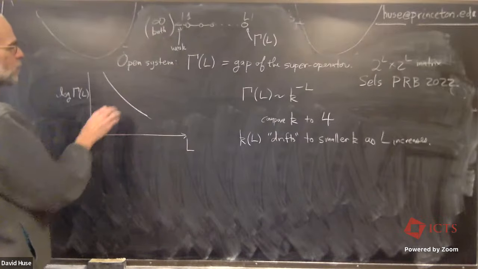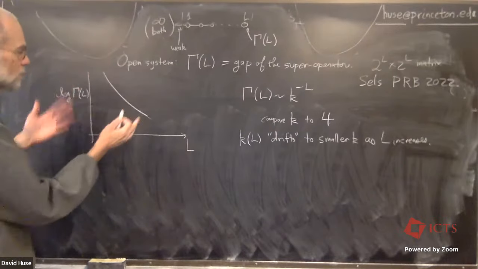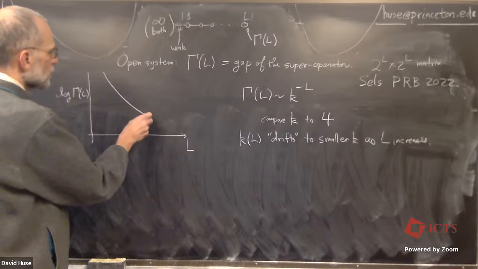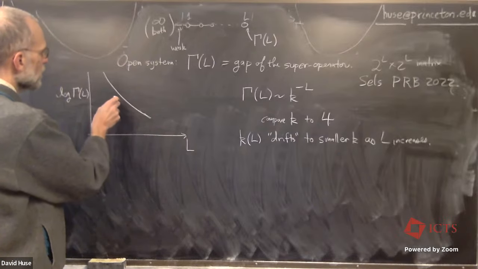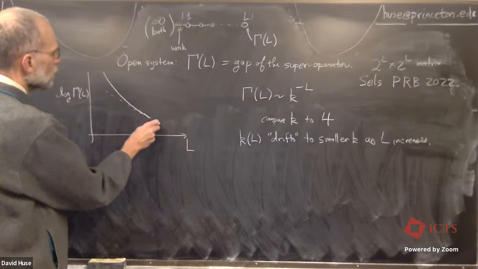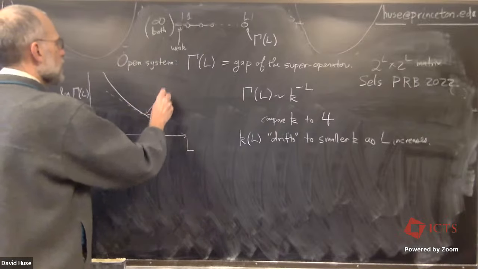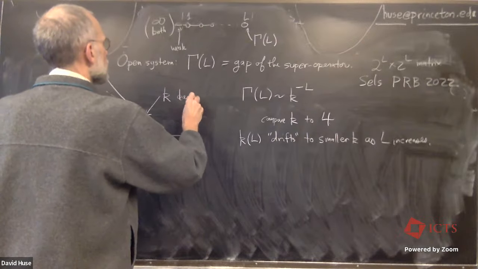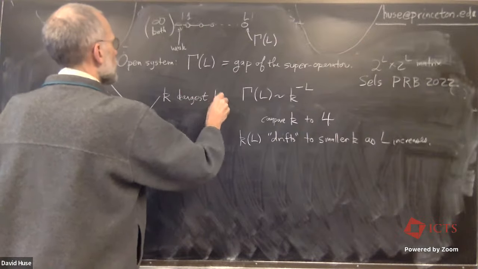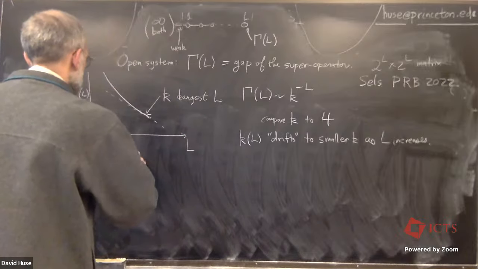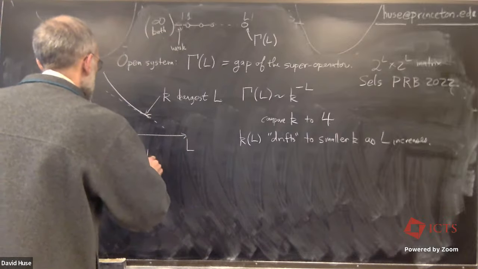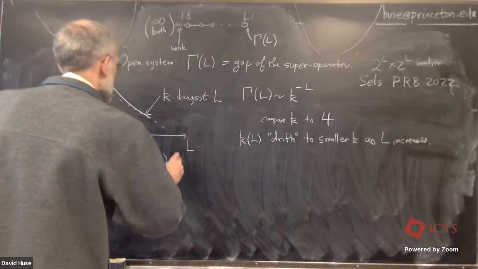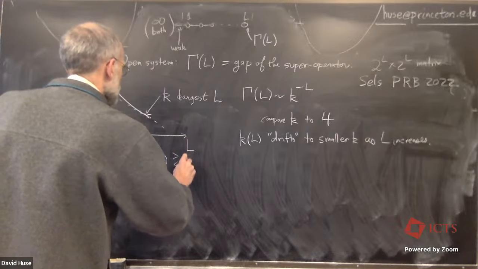So given that, we don't know how to extrapolate, because we don't really have a good theory of anything here. So we just look at the slope at the very end. So we look at k, the slope at the largest L, and then ask, is k of L greater than or less than 4?